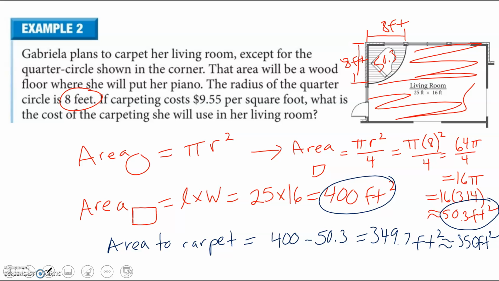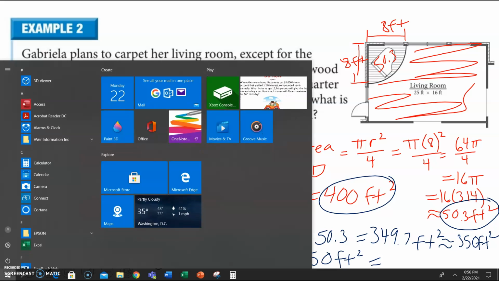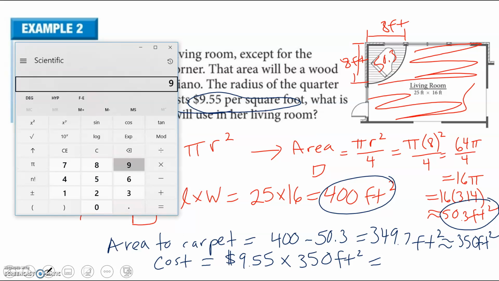And then the question is, how much will she pay? So the carpeting costs $9.55 per square foot. So our cost will be the $9.55 times the 350 square feet that she needs of carpet. So we have $9.55 per square foot for 350 square feet.